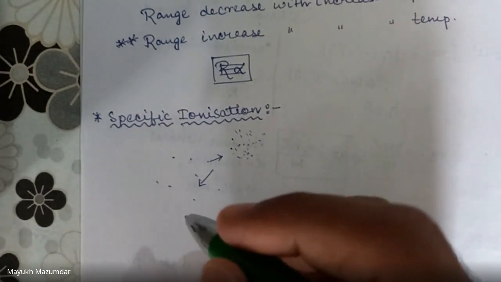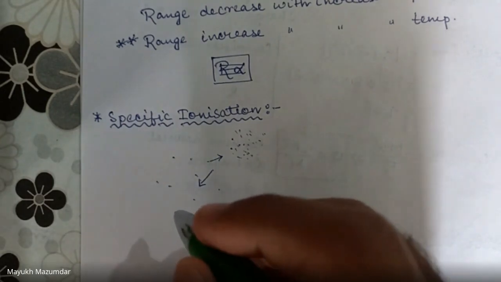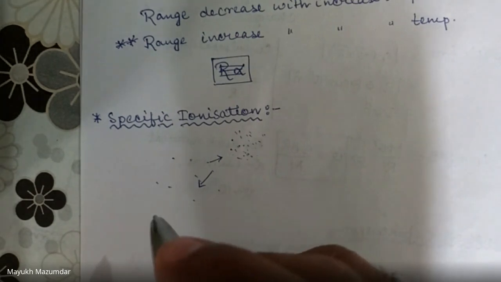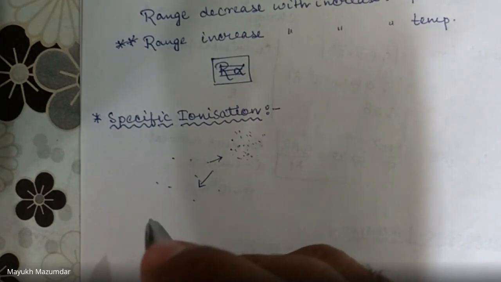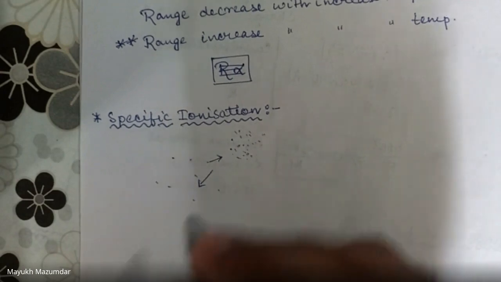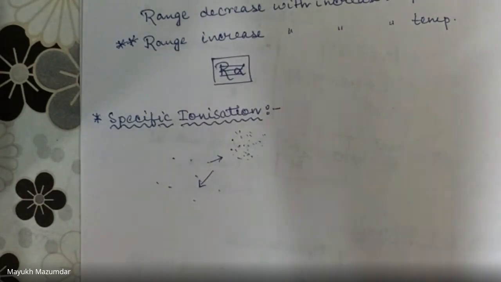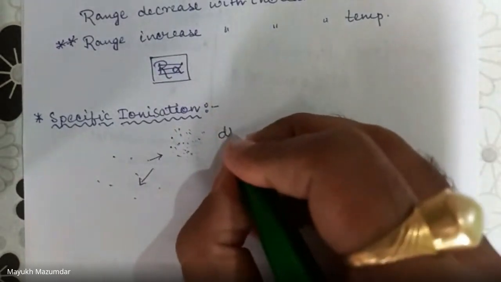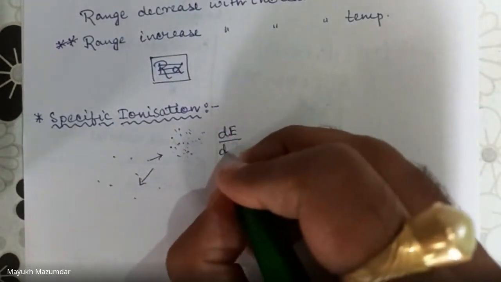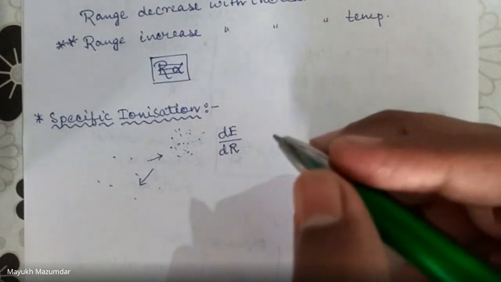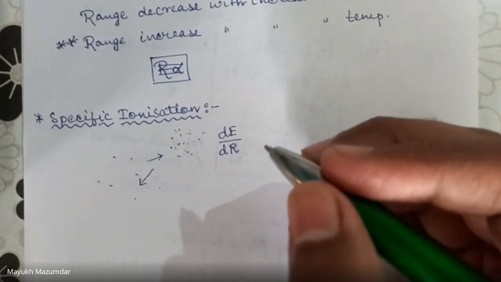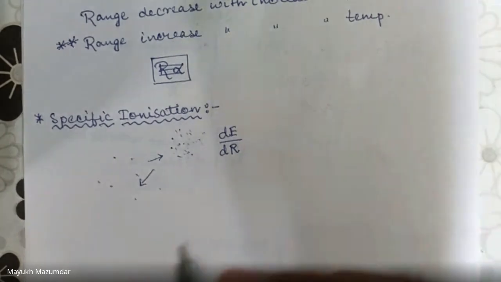So specific ionization will tell us how many ion pairs, or ionizations, have occurred in unit length along a particular direction. Simply it is nothing but dE/dR, how many ionizations have taken place along unit length of range.